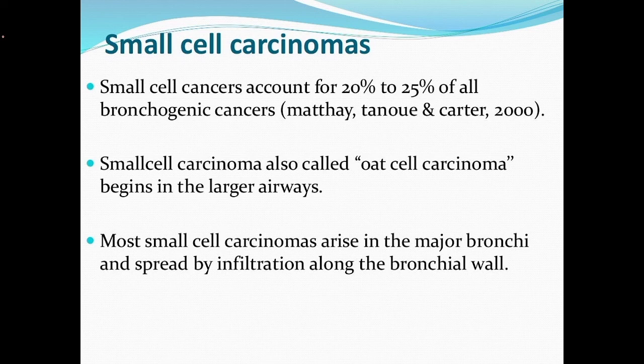Most small cell carcinomas arise in the major bronchi and spread by infiltration along the bronchial wall. It grows in size, and after some time it will invade the surrounding tissues and infiltrate the bronchial walls.